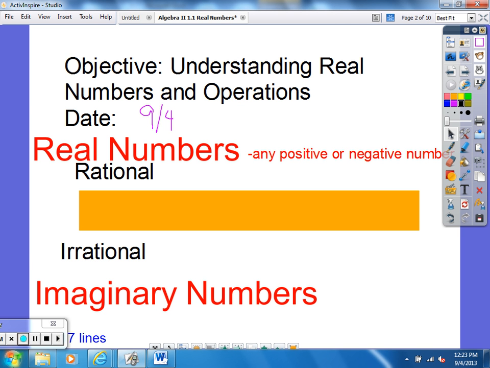And notice how I indented it. How many of you have ever done an outline in English or some other class? That's what this is. It's like an outline. Okay? So rational. Anybody want to take a guess what a rational number is? Raise your hand if you want to take a guess or give me an example, whatever.